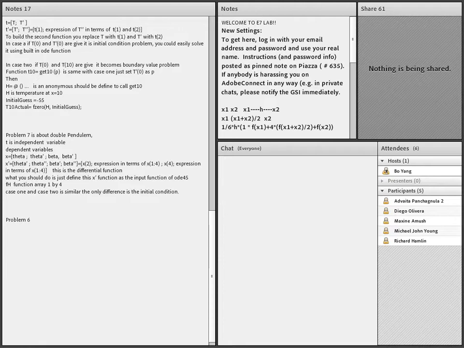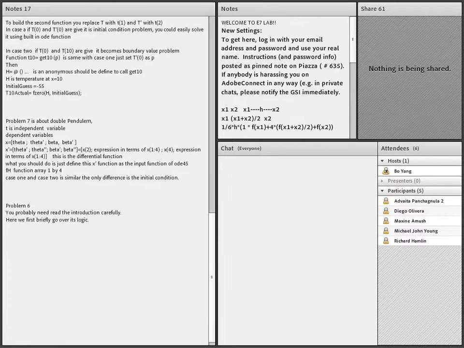It is a control problem. You probably need to read the introduction part carefully. There are many variables mentioned here. And first of all, let's briefly go over the logic.